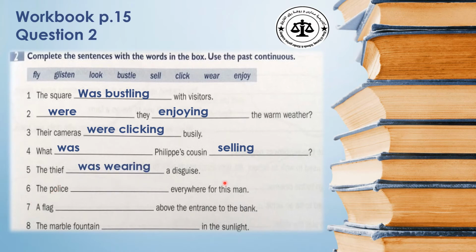The police, what? Everywhere for this man. Yes, we're looking. A flag, this is singular, was flying above the entrance to the bank. The marble fountain was glistening in the sunlight.